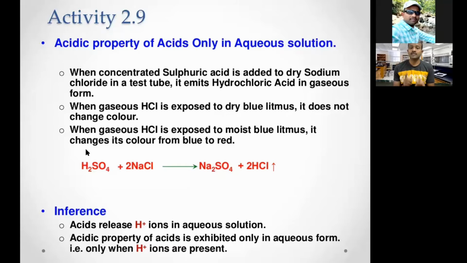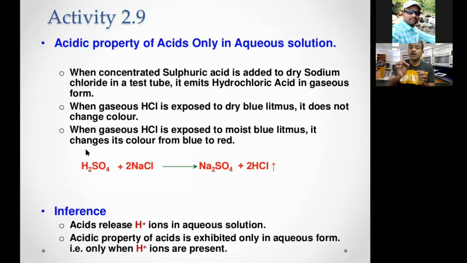Okay, how will that acid act as an acid? How will bases act as bases? Acid will act when it is in contact with water. When it is in contact with water, it releases H plus ions.